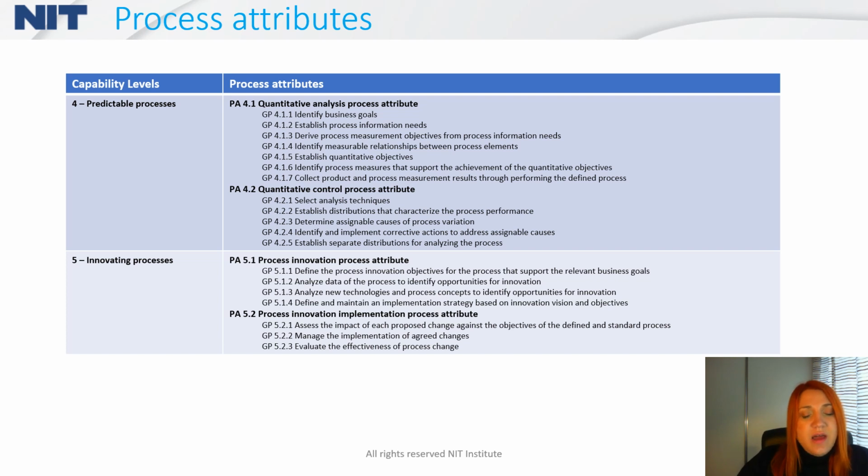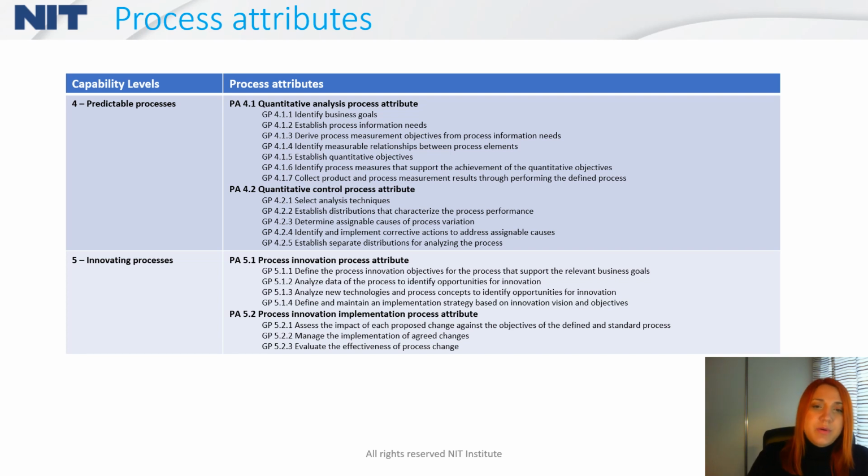They're just some guidance on how we can reach them, but none of the companies and none of the OEMs can say that they're really there with the assessment model of capability level 4 and 5. Here you can see that there are also two process attributes for both of the levels.